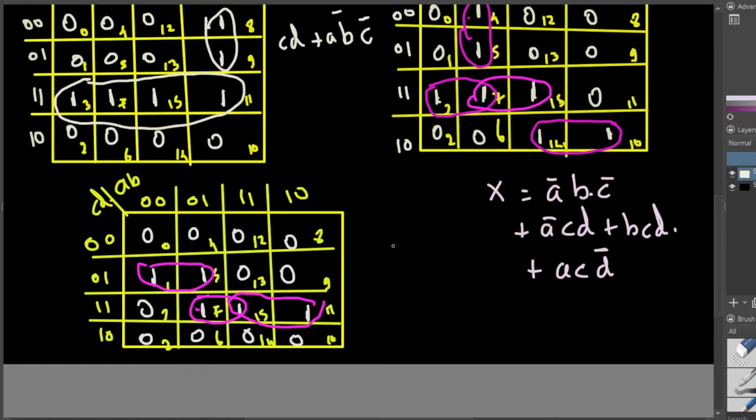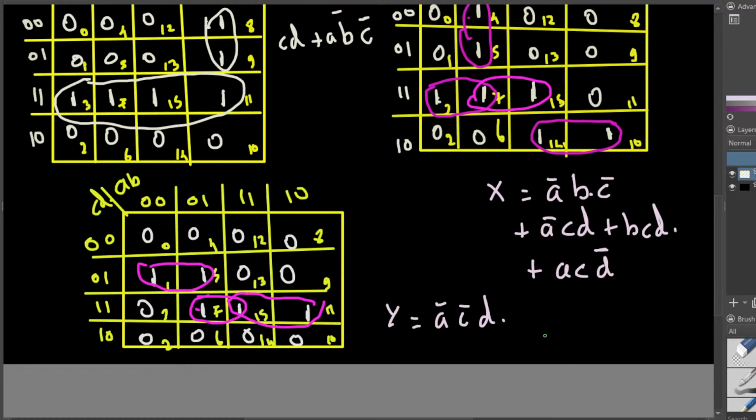Okay, now let's write the expression for the Y. For the first one, A is not changing, but A is 0, I have to do a complement for it. B is changing, 0 to 1, eliminated. C, D is not changing because it's happening in the same row. C is 0, so I have to do a complement for it, and then D remains the same.